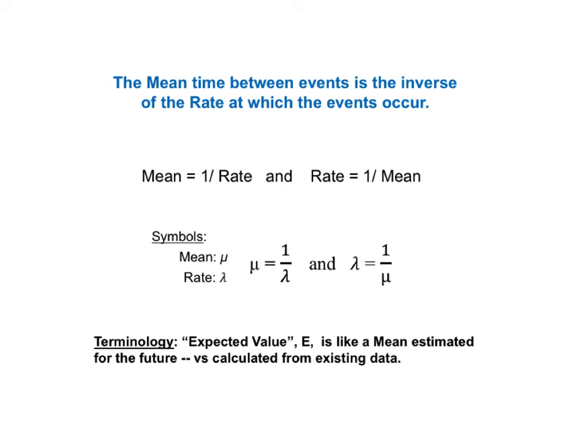If we had instead started with a known value for the rate, say 4 customers per hour, we could have then calculated an expected value for the time interval between future customers. That would be 15 minutes. We call it expected because it is a projection into the future. The subtle difference is that the mean is calculated using past data.